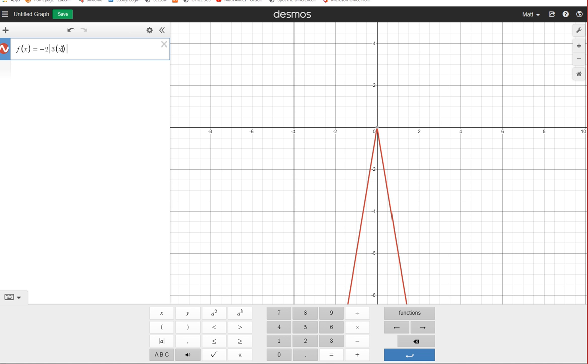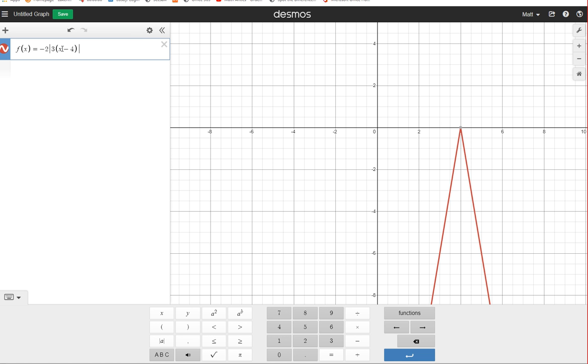Okay, now I'd like you to move this to the right 4 units. So to do that, we're going to put a -4 inside our brackets.